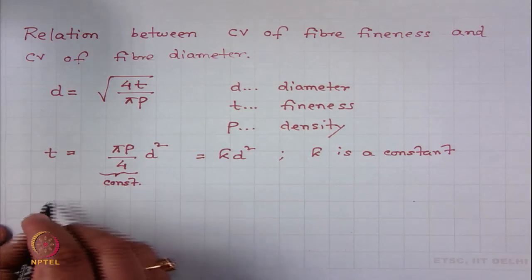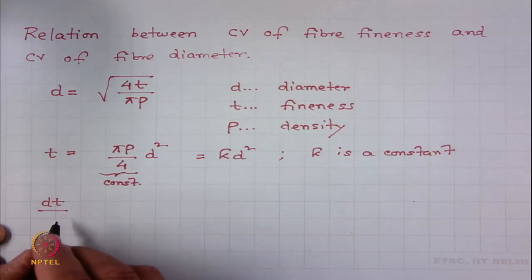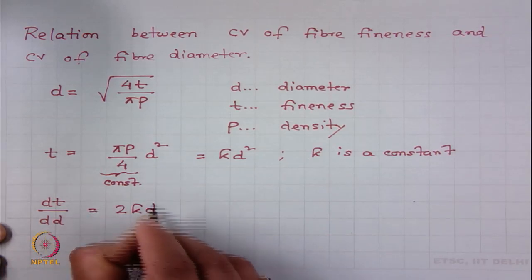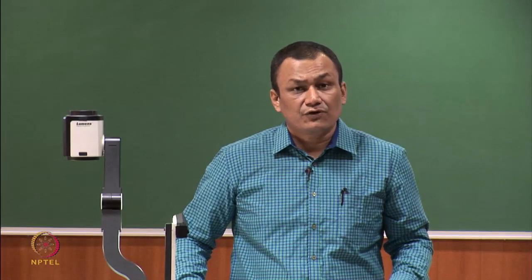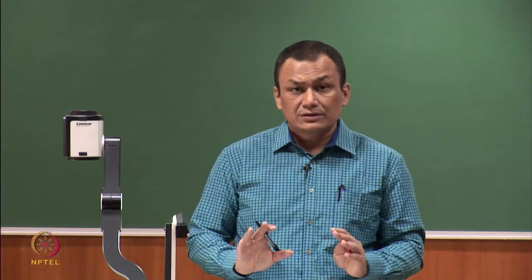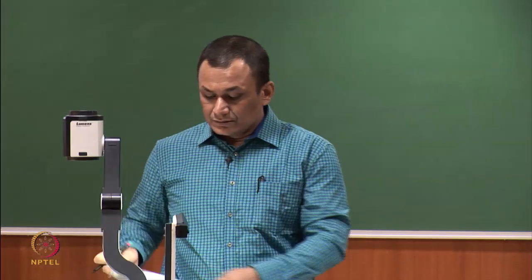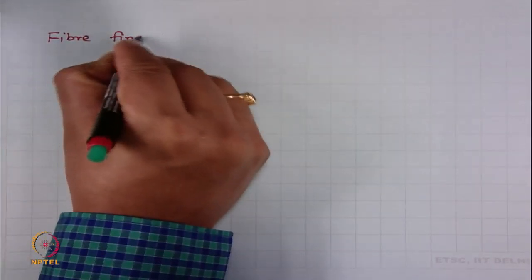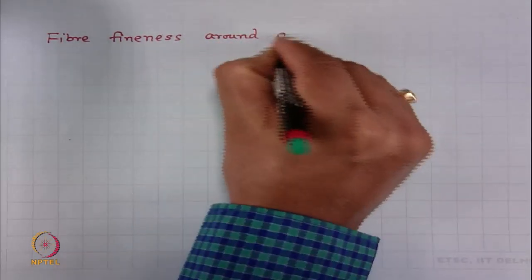Then we differentiate T with respect to d, and we obtain 2 k d. Now, we need to find out an expression for fineness around mean value d bar.